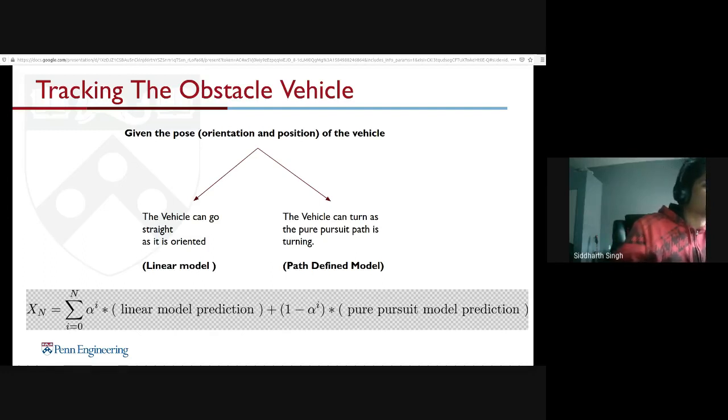So if alpha keeps decreasing as i increases, I will have more weightage to the pure pursuit model, because 1 minus something which is getting smaller, and less weightage on the linear model prediction, because as i is increasing, alpha raised to the power i will start decreasing. So is that clear to everyone now?